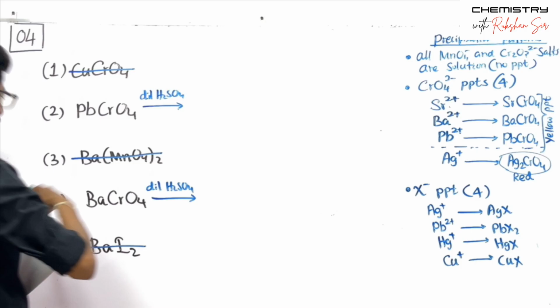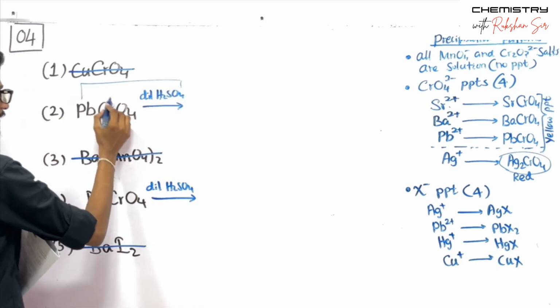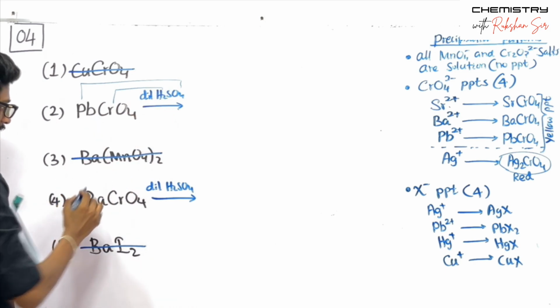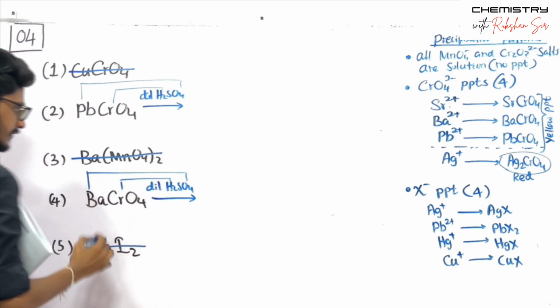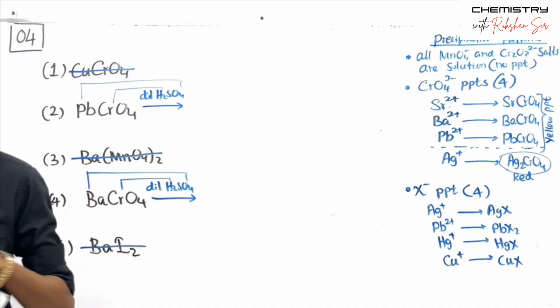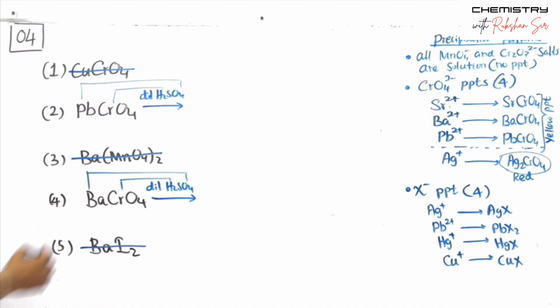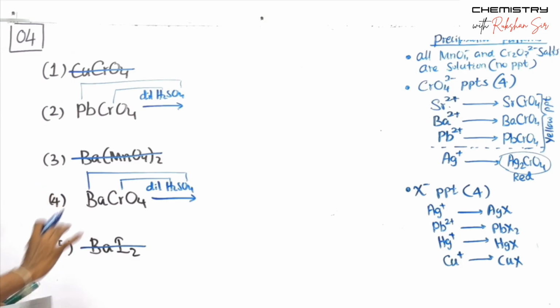Lead sulfate and this thing. Barium sulfate and this thing. That is what happens when salts are reacting. They are not looking for the precipitate only right now. So what will happen?